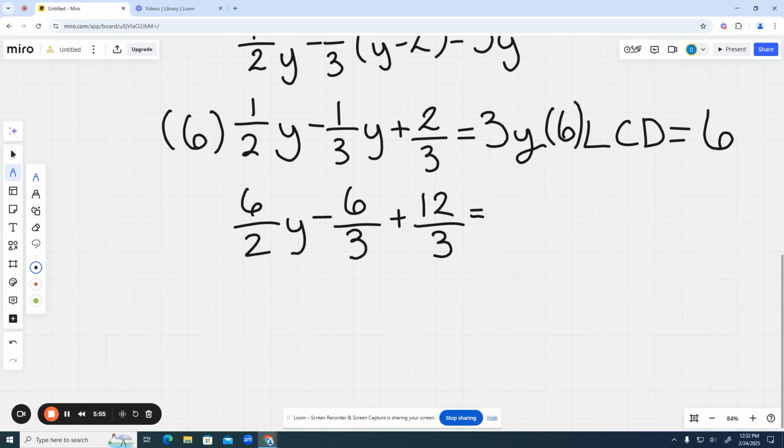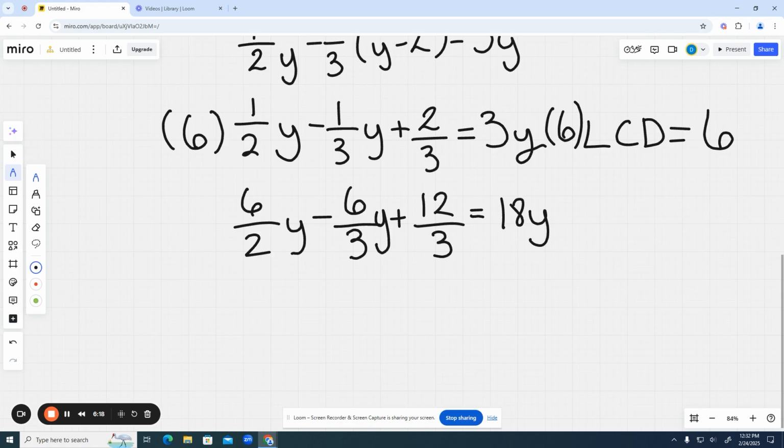And I did say we are going to multiply both sides, so 3 times 6 gives us 18, and then we have that y there because we're multiplying. Sorry, I forgot the y here. All right, so now we have 6 over 2 y minus 6 over 3 y plus 12 over 3 equals 18y.